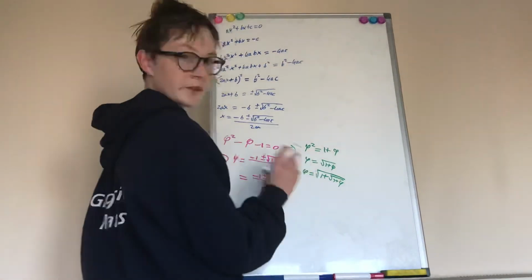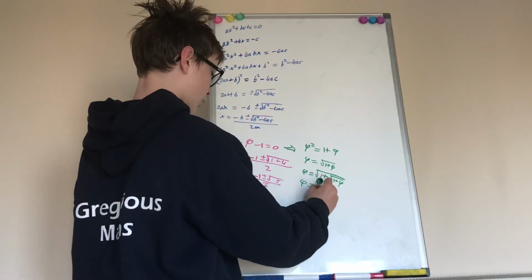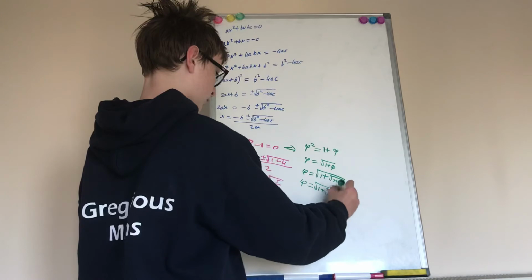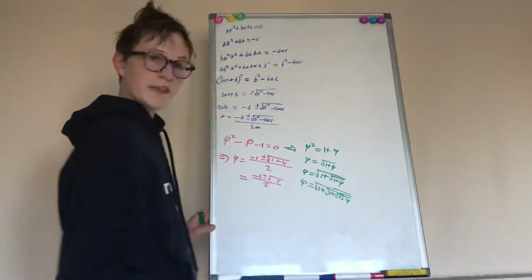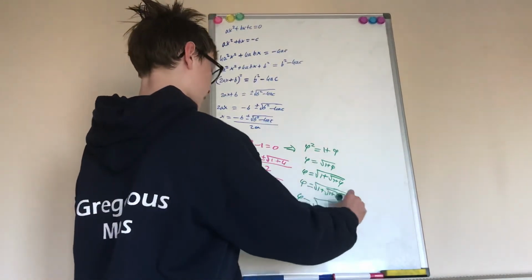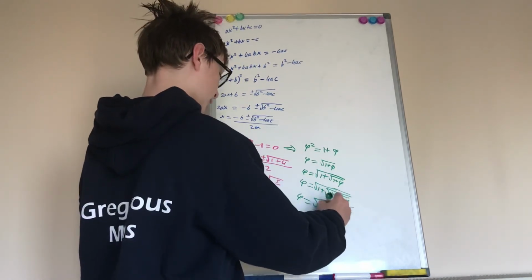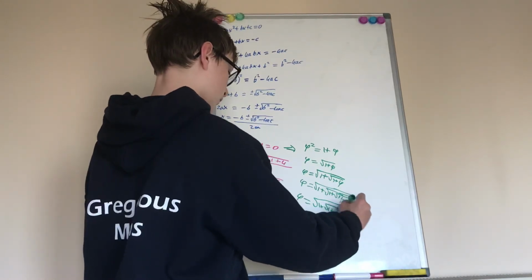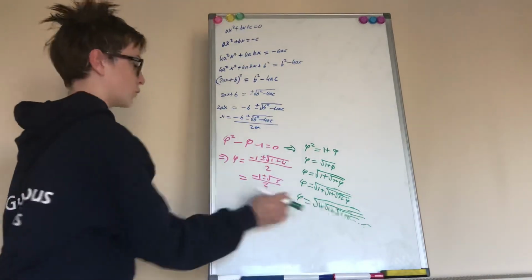Now we can do this whole thing again. Phi is equal to the square root of 1 plus the square root of 1 plus the square root of 1 plus phi. And we can do this forever. So overall we're left with phi equals the square root of 1 plus the square root of 1 plus the square root of 1 plus the square root, and we can do this forever. Isn't that amazing? This is equal to that.